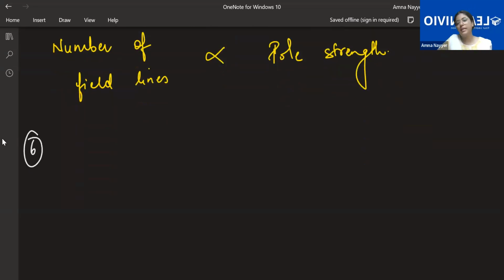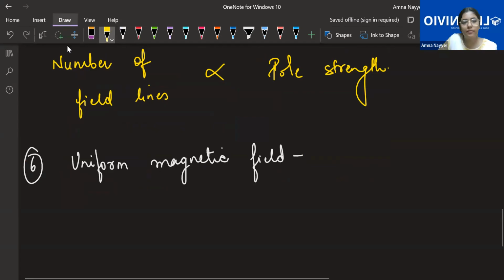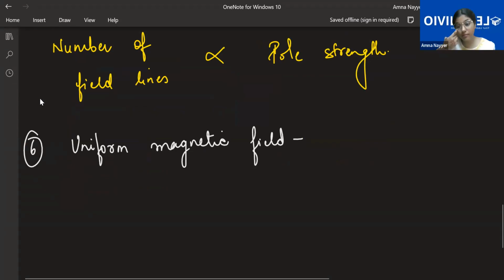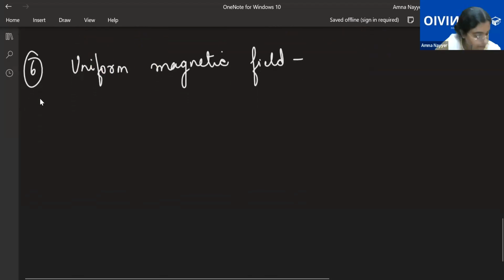Sixth property. See, if you have a uniform electric field, uniform magnetic field, how did we represent the uniform electric field? The straight lines, right? Straight line.